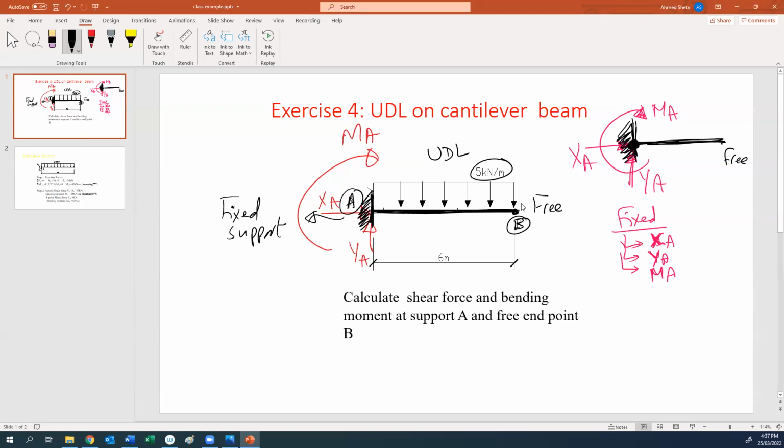This type of beam is called a cantilever beam. So what is meant by a cantilever beam? A cantilever beam means a beam with one fixed end and one free end. And at the fixed end, we have three reactions, XA, YA, and MA. Okay?